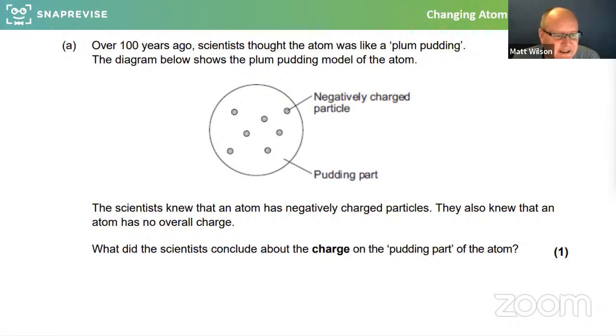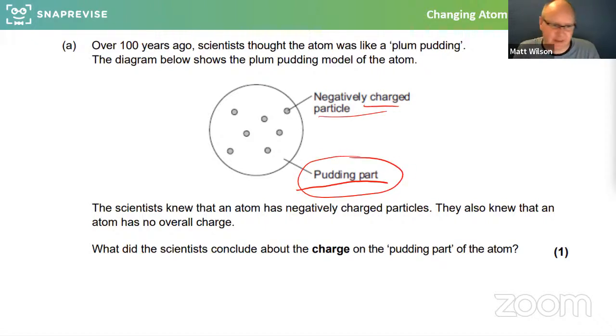So what did the scientists conclude about the charge on the pudding part of the atom? So they knew it had negatively charged particles, but no overall charge. So what did they have to say? What did they conclude about the pudding part of the atom, this part here? If it's full of negatively charged particles, what must the pudding part's properties be?